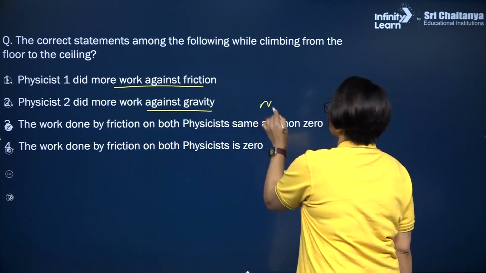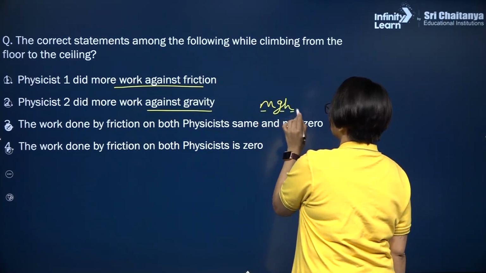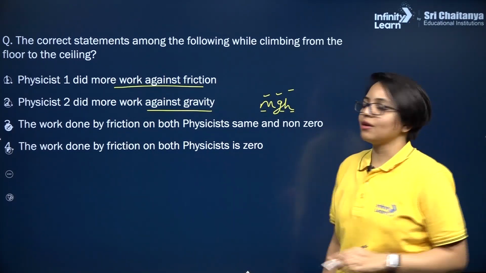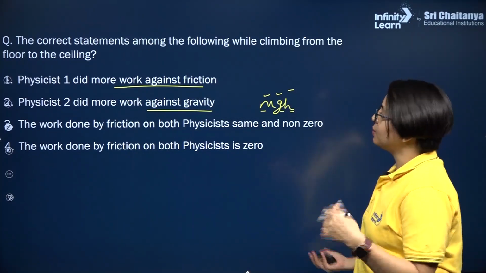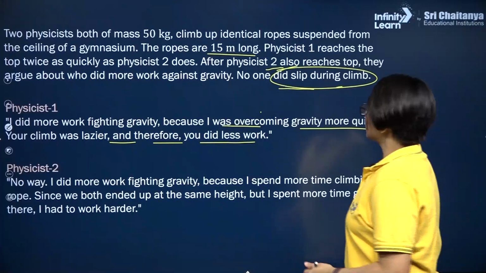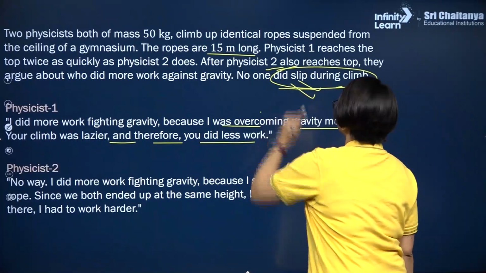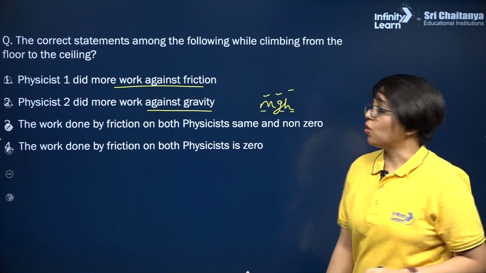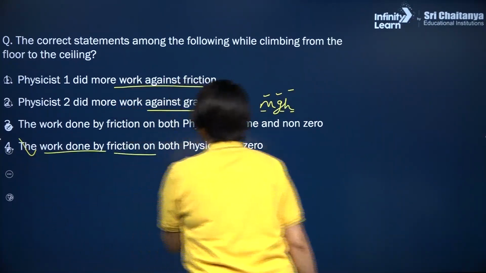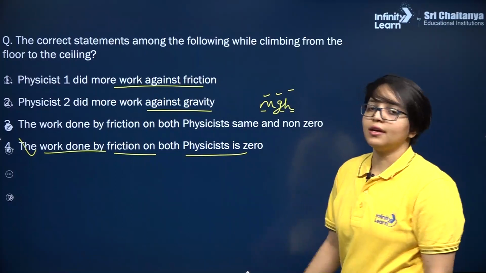It will be mgh, and all three values are the same for 1 and 2, so they did the same work against gravity. Power might be different but work done is the same, right? And there's no slipping during the climb, so work done by friction on the physicist will be 0. So the correct answer is option 4.